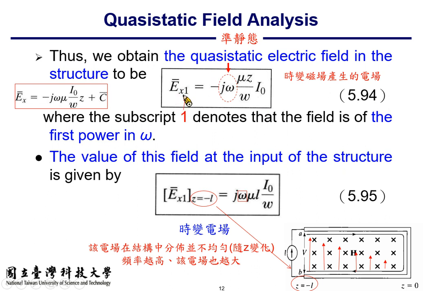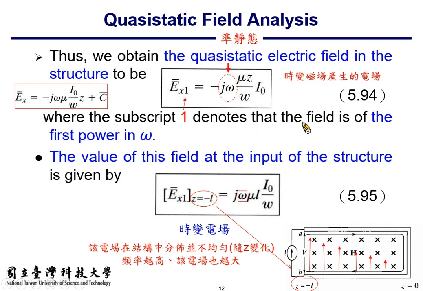Okay, so EX1 is the so-called quasi-static field. It's the result of a time variant signal within this structure. Okay, so it's produced by time variant magnetic field, time variant H. To be exact, it is H0.